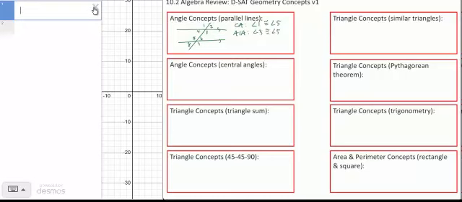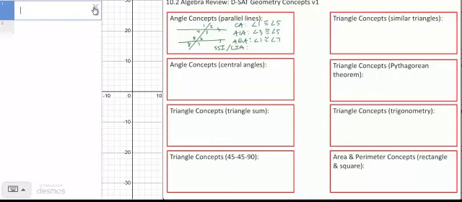Alternate exterior angles are equal, so angle 1 is congruent to the alternate exterior angle, which is angle 7. And then we have the consecutive interior angles or same side interior angles.